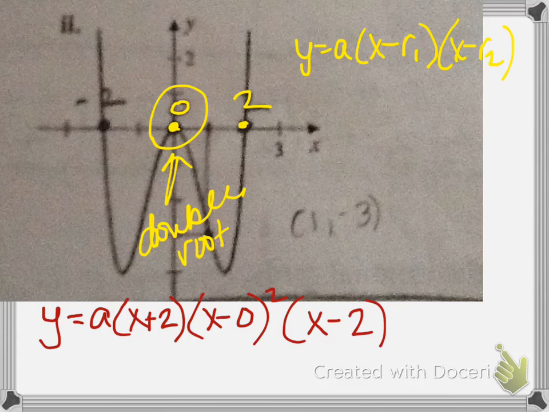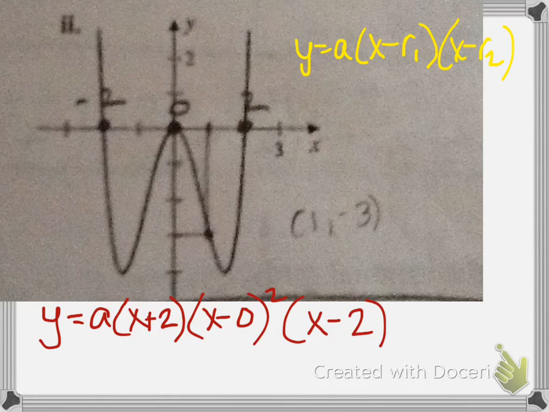So on the test, you'll be given the point they want you to use for a. Here, I wrote it in. It's the point 1, -3, and you can see that right here. So we're going to plug in 1 for x and -3 for y, and then figure out what a is.